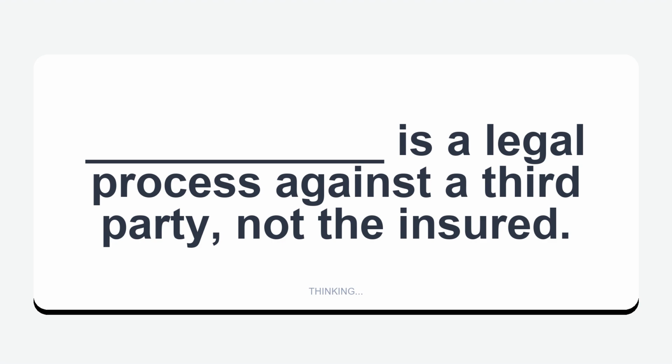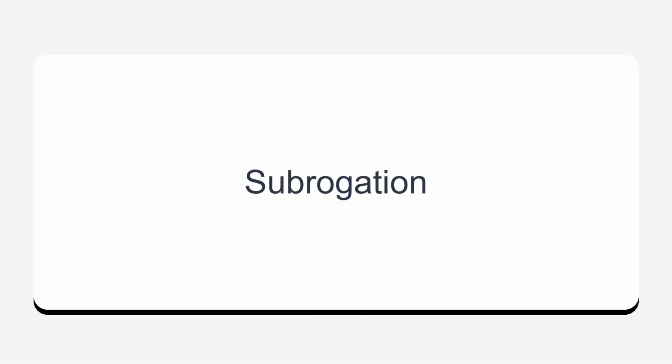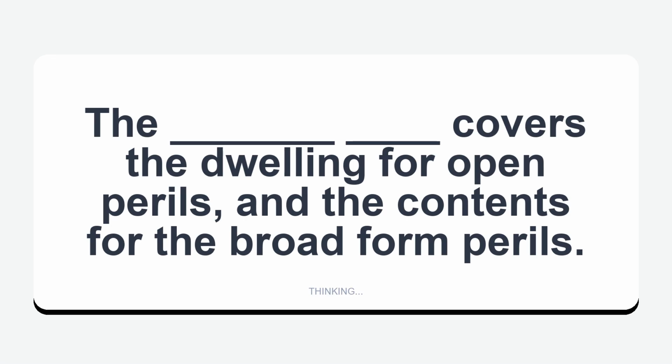Blank is a legal process against a third party, not the insured. Subrogation. The blank covers the dwelling for open perils, and the contents for the broad form perils.